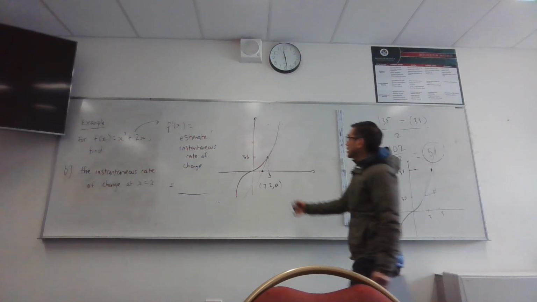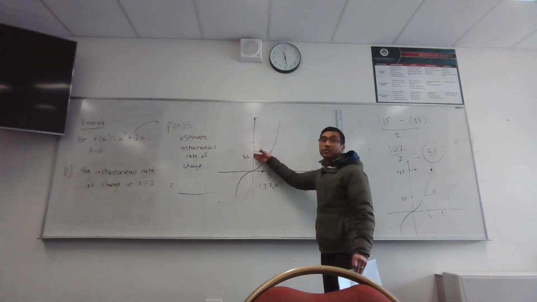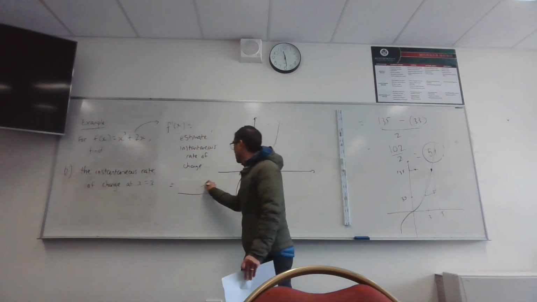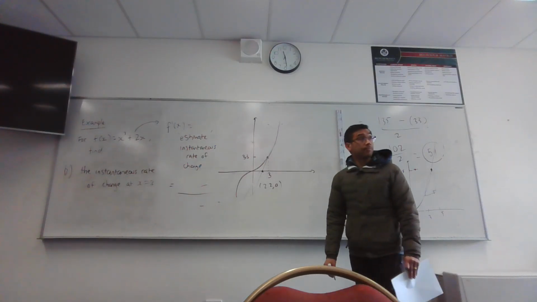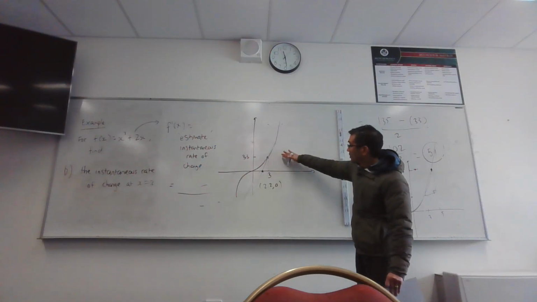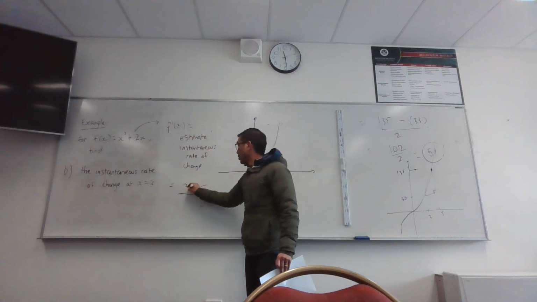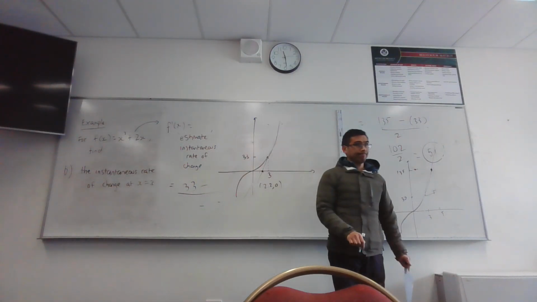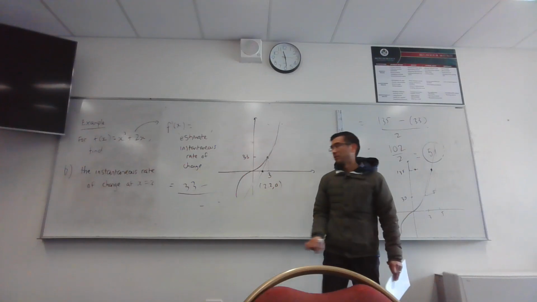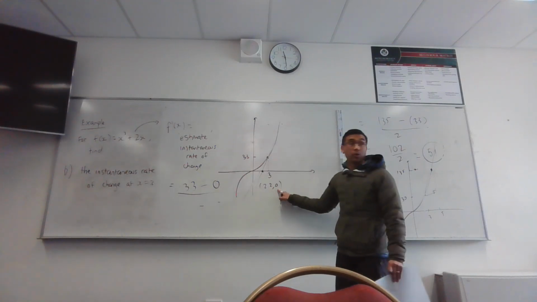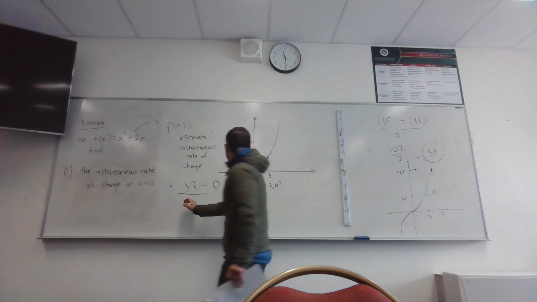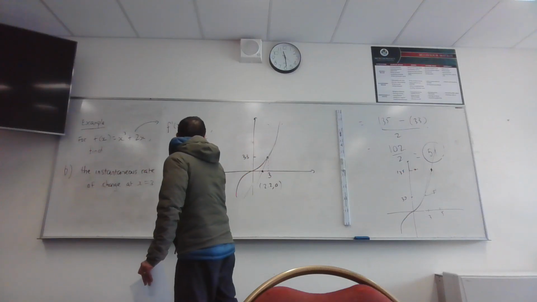Okay. And so over here, we've just got 2 points. Going to minus them. 33. What am I going to minus? 0. 0. Because that's our y value. Okay. And then we're going to do 3.